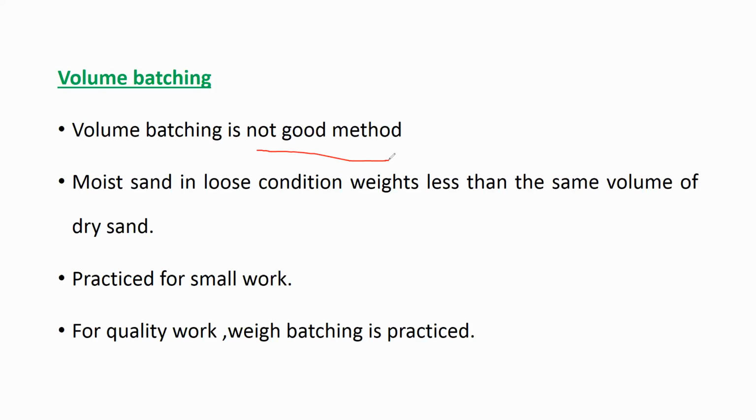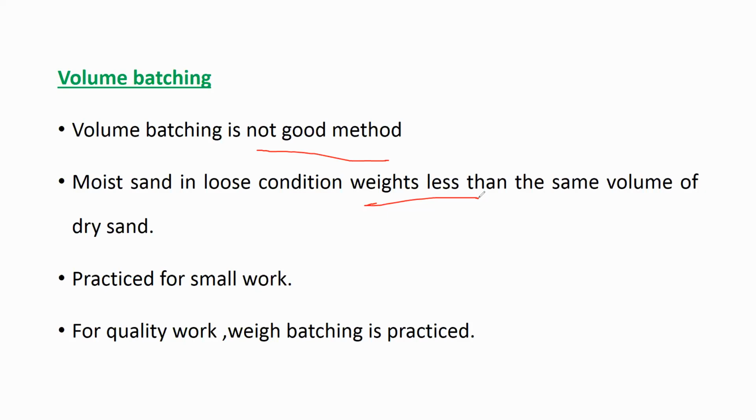Moist sand in loose condition weighs less than the same volume of dry sand. Why is it so? Because if the sand is in loose condition and contains some moisture content, then there will be bulking in sand.